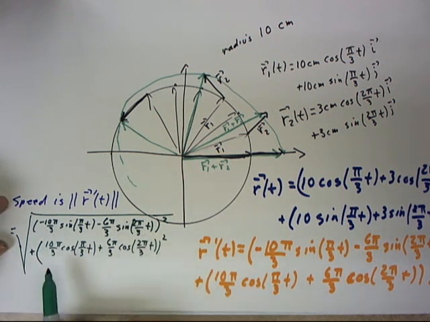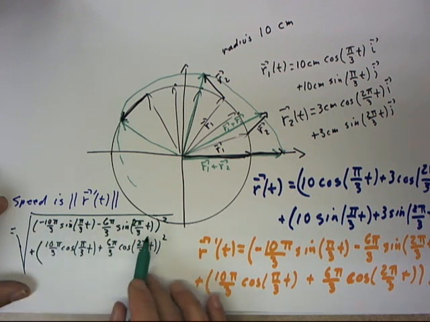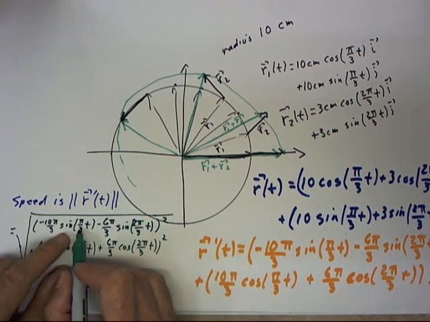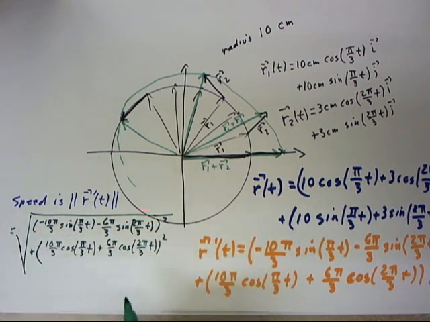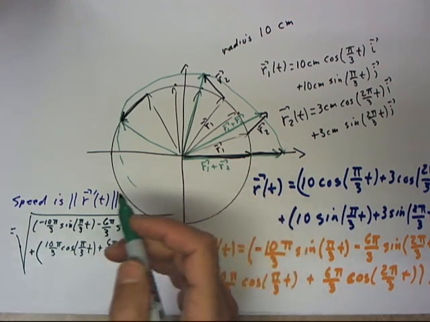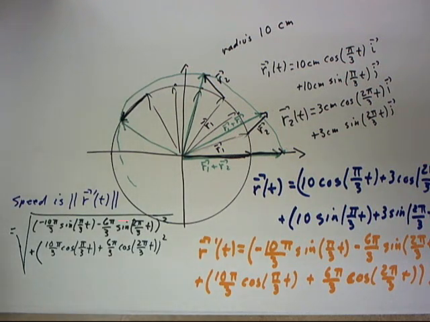We'd have to expand these squares, obtaining 3 terms for each, so we'd have a total of 6 terms with squares of sines and products of sines of different arguments, and same with cosines, and it would be kind of a messy expression.